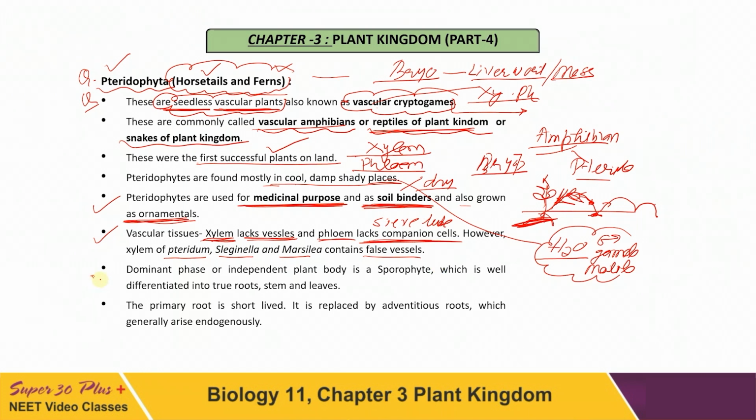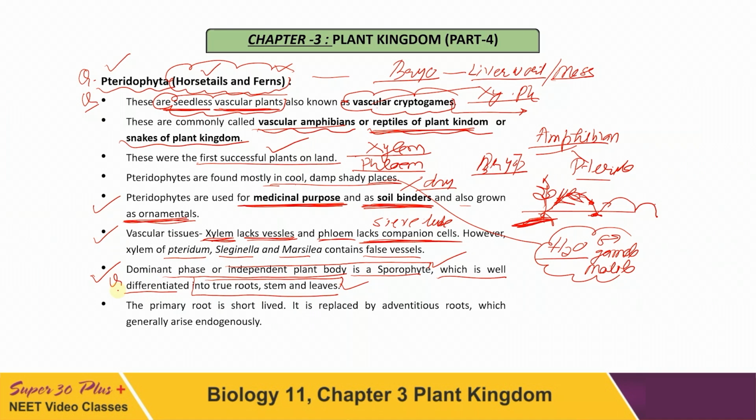Now, the interesting point here is that the dominating phase or independent plant body is the sporophyte. You know, up to bryophytes you have seen that the main phase was the gametophyte. Here the dominating and independent phase is the sporophyte, and it is well developed, differentiated, for the first time having true root, stem and leaves.